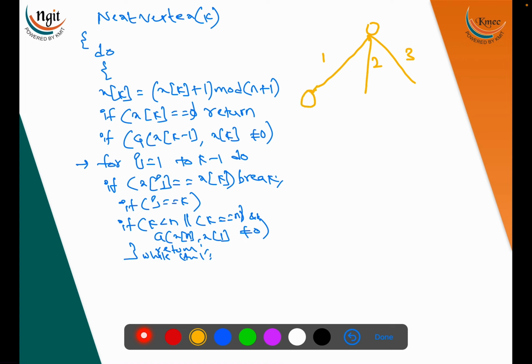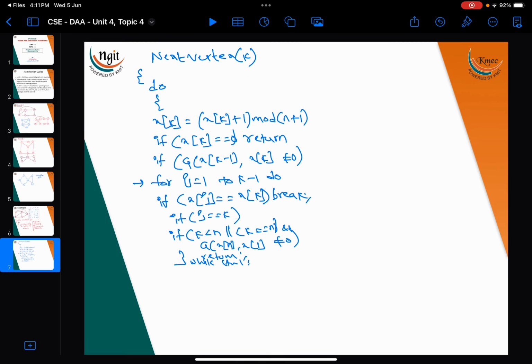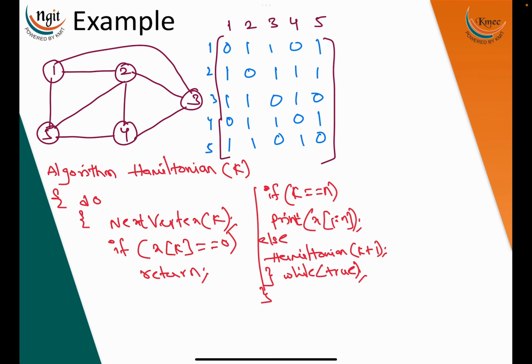After I visit the first vertex, I can go to the second vertex or the third vertex. Based upon that, we will use the cost adjacency matrix. The cost adjacency matrix will tell you whether the connection is there from one node to another or not. Now we'll take a graph as an example.